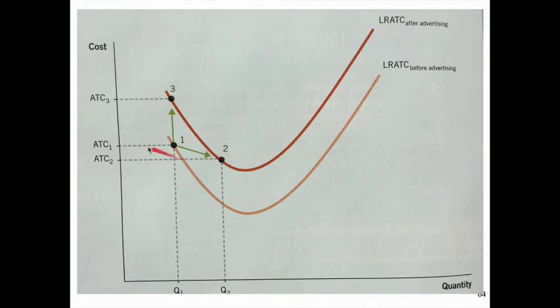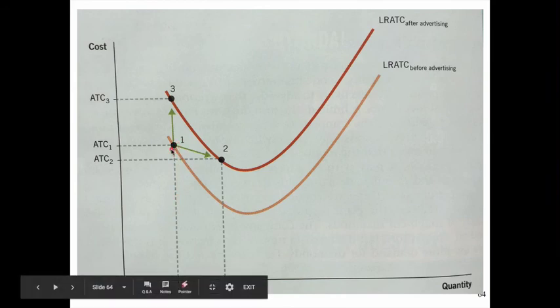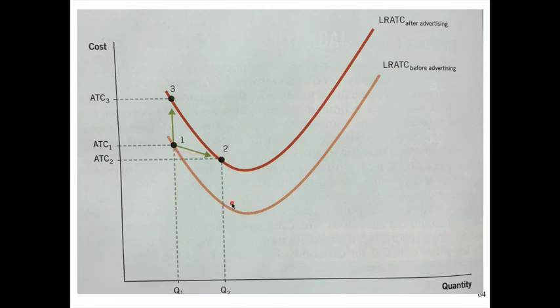In this scenario, the increase in demand from quantity 1 to quantity 2 is large enough to create economies of scale, even though advertising causes the long-run average total cost curve to rise. So even though your average total costs are higher, if advertising is effective, you're actually going to have lower costs overall.